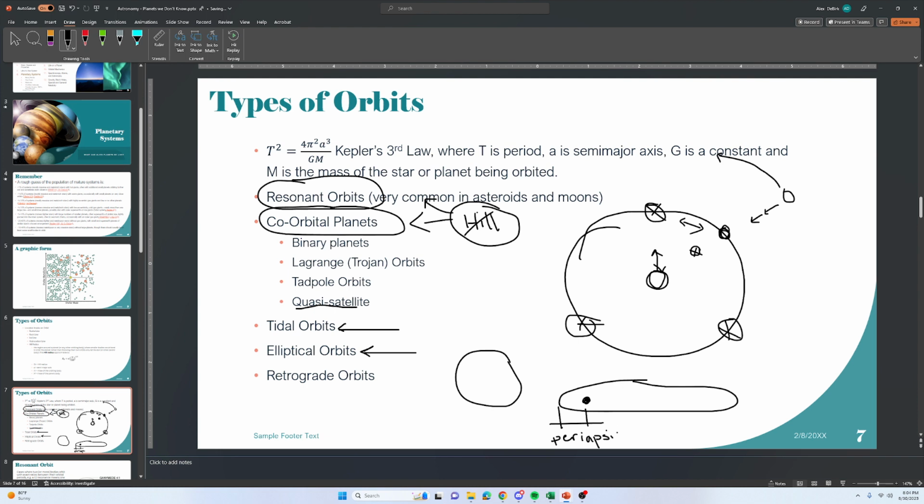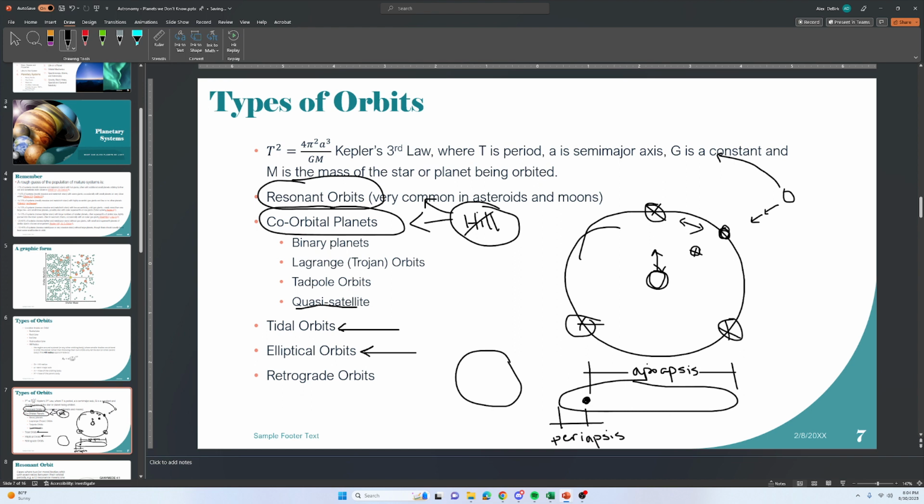And this right here is known as apoapsis. All planets have elliptical orbits like this, and they have a periapsis and apoapsis.